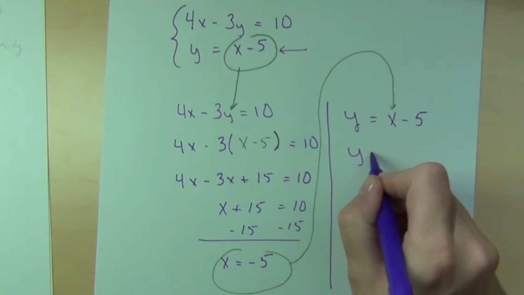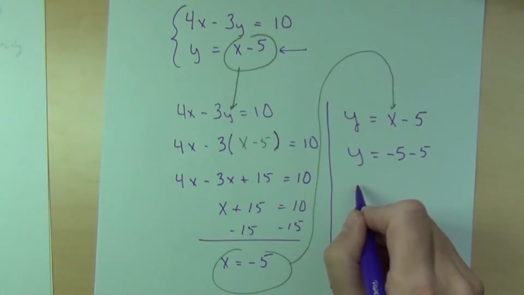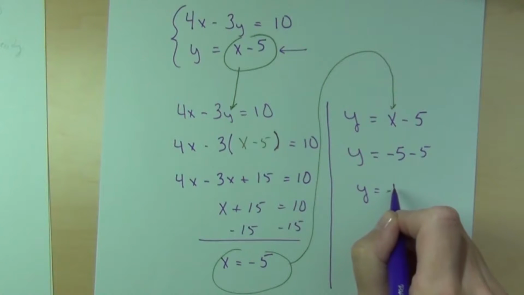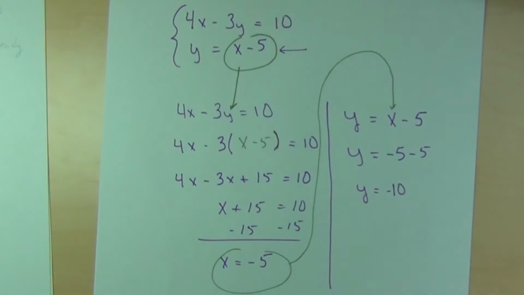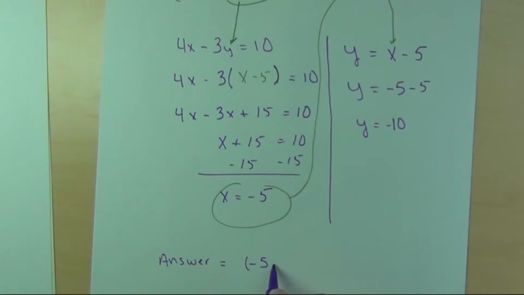That gives us y equals negative 5 minus 5, which is y equals negative 10. So our answer or solution is the ordered pair negative 5, negative 10.